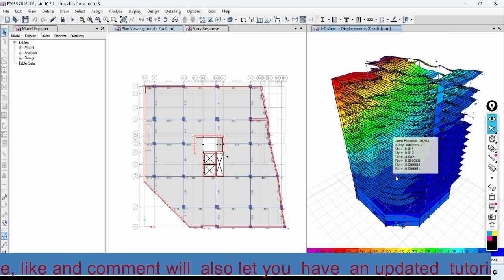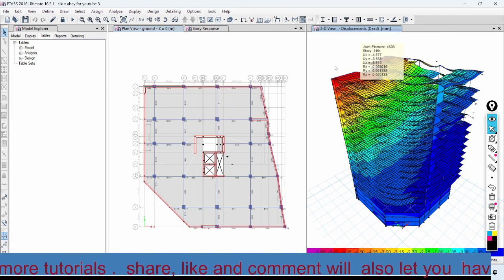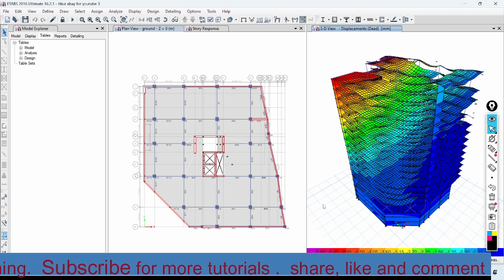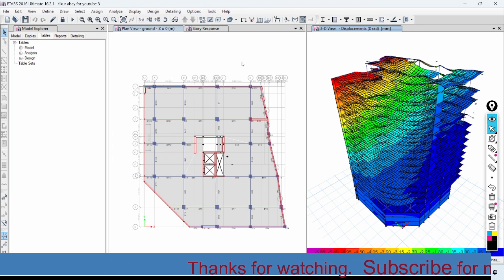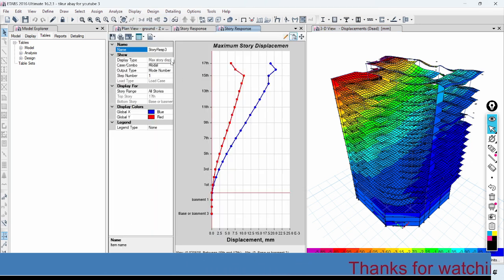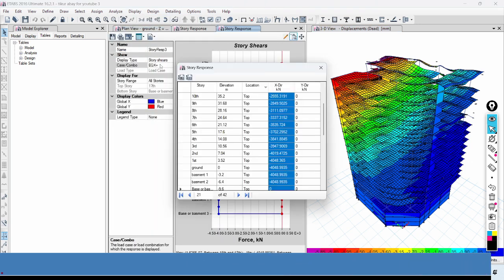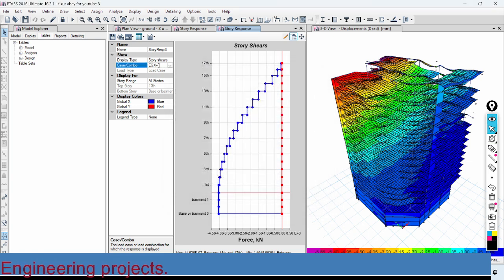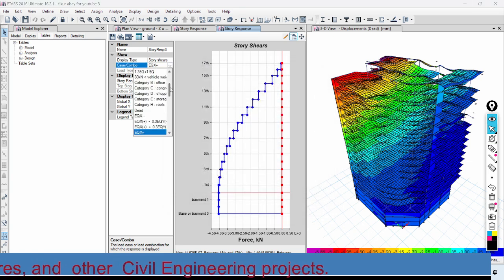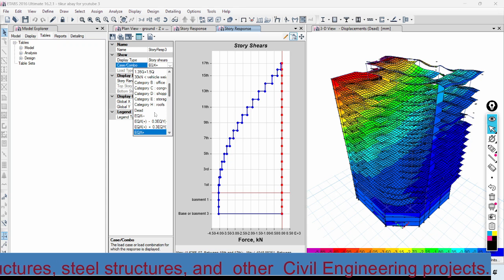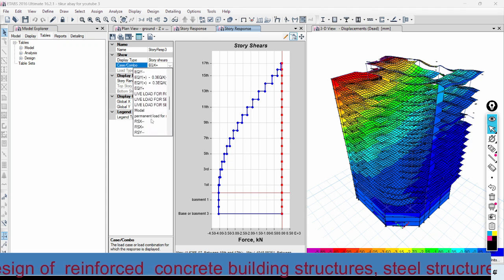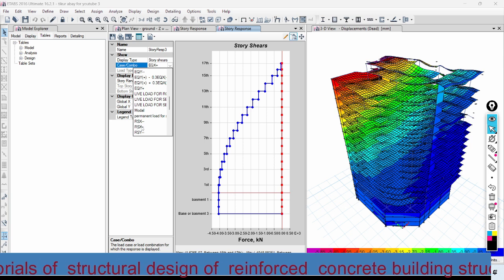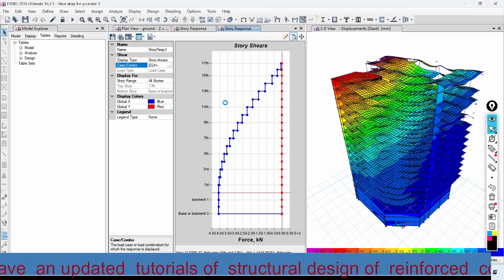Now let me show something. Go to the Display menu, displacement plot. Select the dynamic analysis case, which is the response spectrum in x direction.